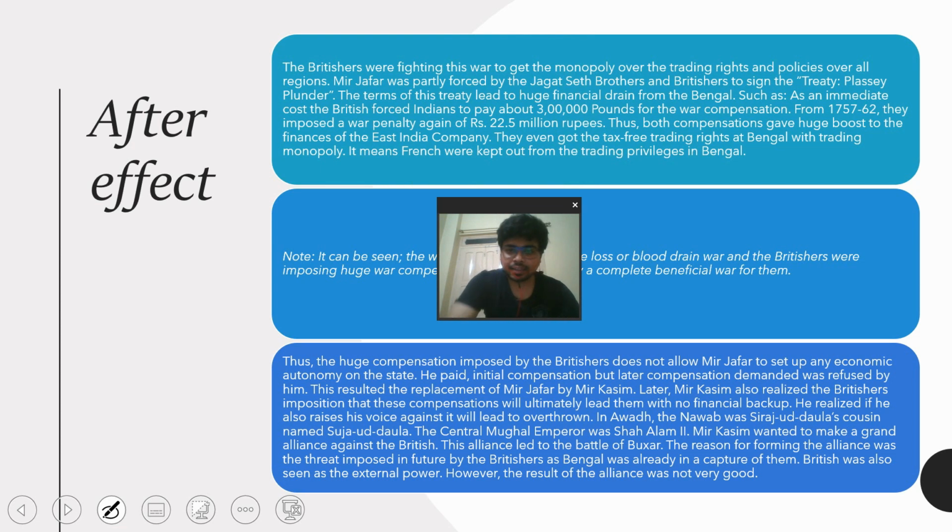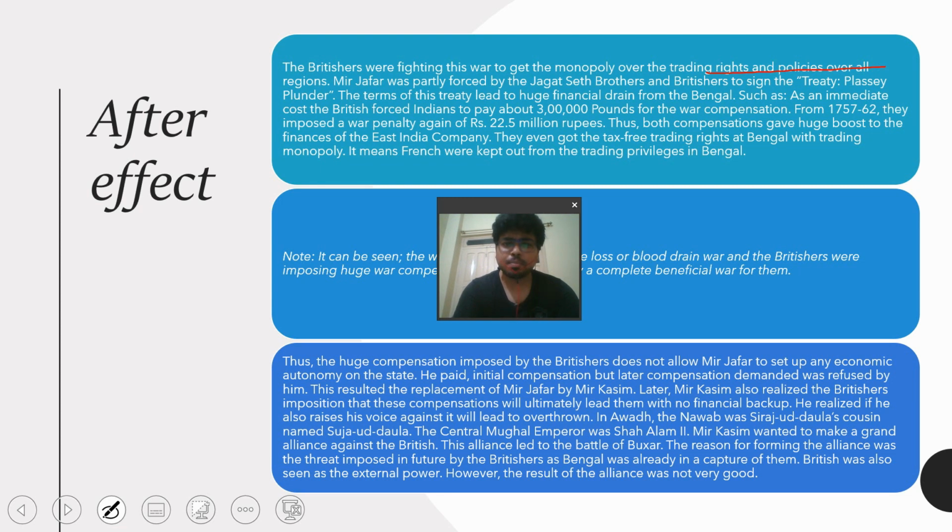Now in the trading business, who came? The Portuguese came, then the Dutch and others came, and after that the French came. They all had rivalries, just to get what? To get monopoly. So the British were fighting this war to get monopoly over the trading rights and policies over the whole region.